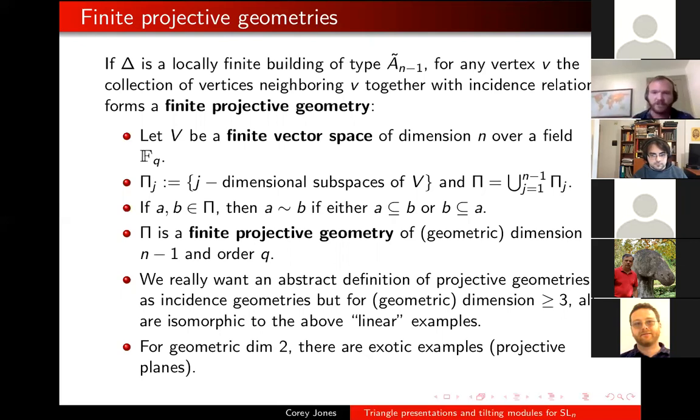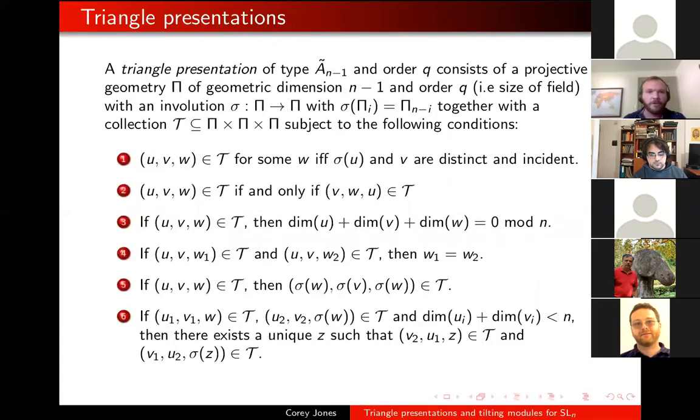These incidence relations are everything. But in dimension 2, there are exotic examples, and these are projective planes. There is a whole area of research understanding all these exotic nonlinear examples, and those are included in what I'm going to say in the future. So I mean abstract, but I just told you concrete for the sake of those who are not familiar with this sort of thing.